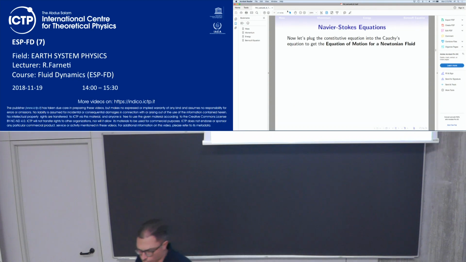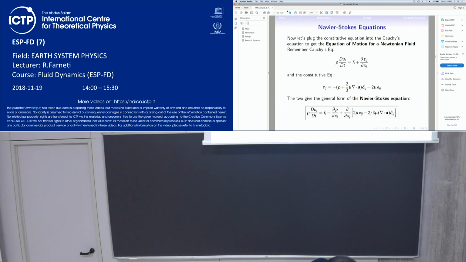And so now you take that constitutive equation for Newtonian fluids and you plug it into the Cauchy equation for motion, and you end up with what we call the Navier-Stokes equations. So you start from the Cauchy equation, you use the constitutive equation, and after a few steps, you end up with this expression for the conservation of momentum.